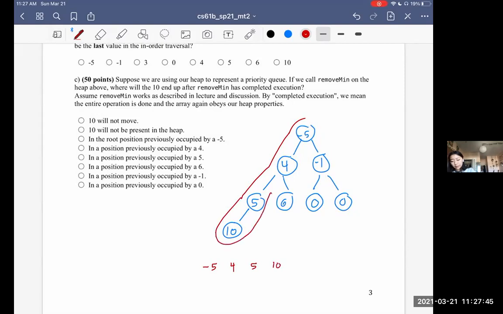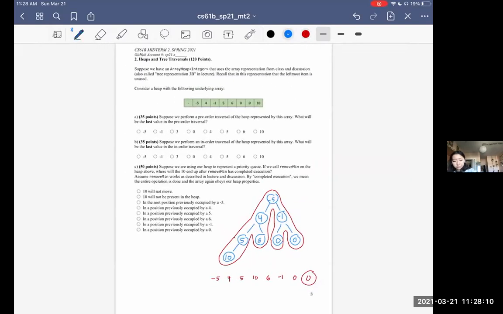We pass the left side of 6. Then we come back up, and remember we're hugging tightly. And we pass the left side of -1, the left side of 0, and the left side of 0. Then we come back up, and that's it. We've reached the top again. And so the pre-order traversal is going to see 0 last, and that is our answer.